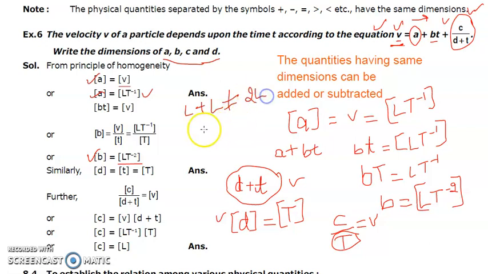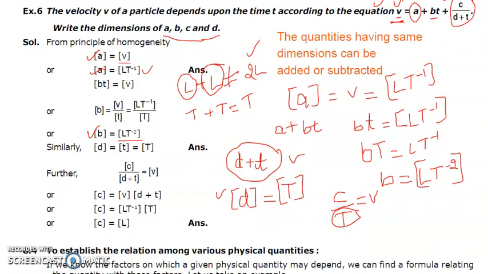Length plus length is equal to length, which suggests that the quantities having same type of dimensions can be added. In the same way, d plus T: d has the dimensions for time and T is also having the dimensions for time. So time plus time would be equal to time, it will not be equal to 2 into time. That is why I have written that c upon dimensions of time is equal to dimensions of velocity.